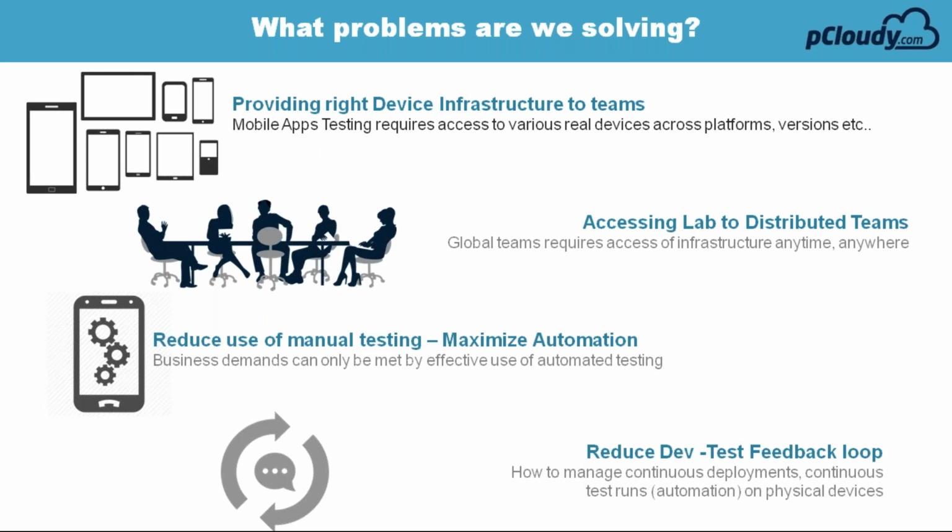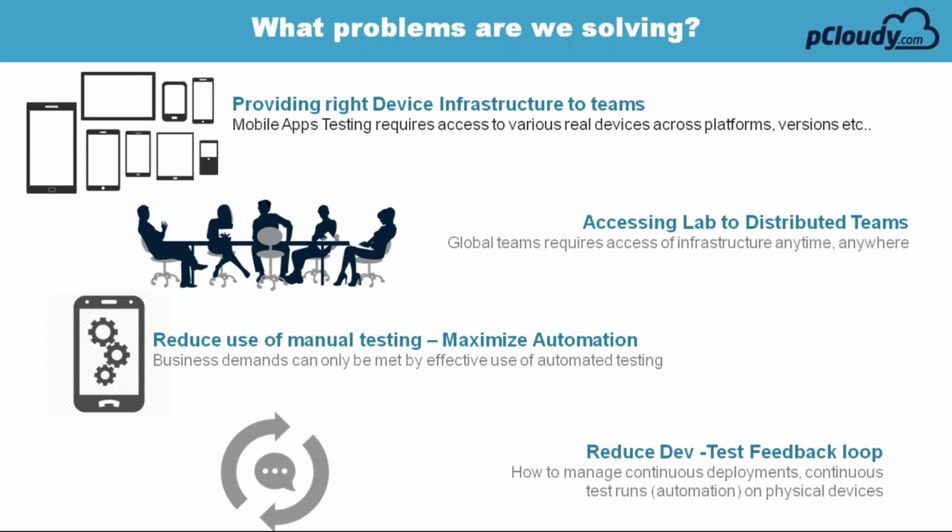So we have to have real physical devices spread across different geographies, with different OS and hardware-software configurations. We provide that using pCloudy: both Android and iOS devices, different OS versions, and different hardware configurations in a single cloud.